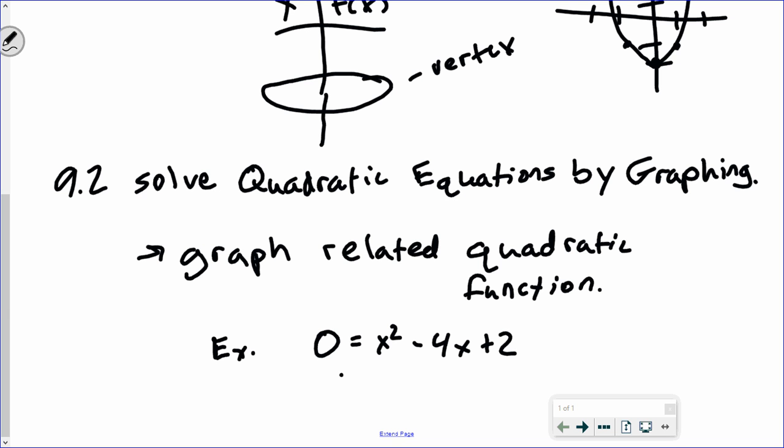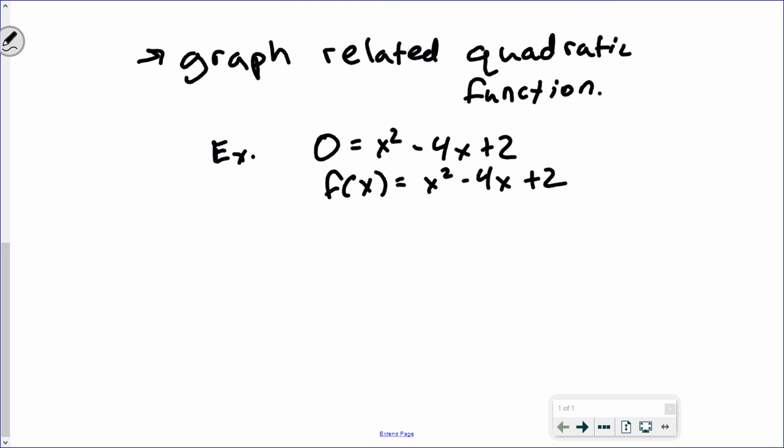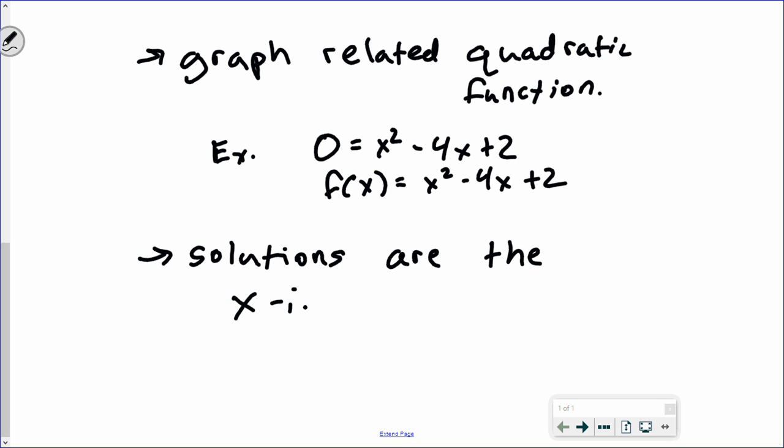We would graph the function f of x equals x squared minus 4x plus 2. After we graphed that function, to actually solve it, the solutions are the x-intercepts.